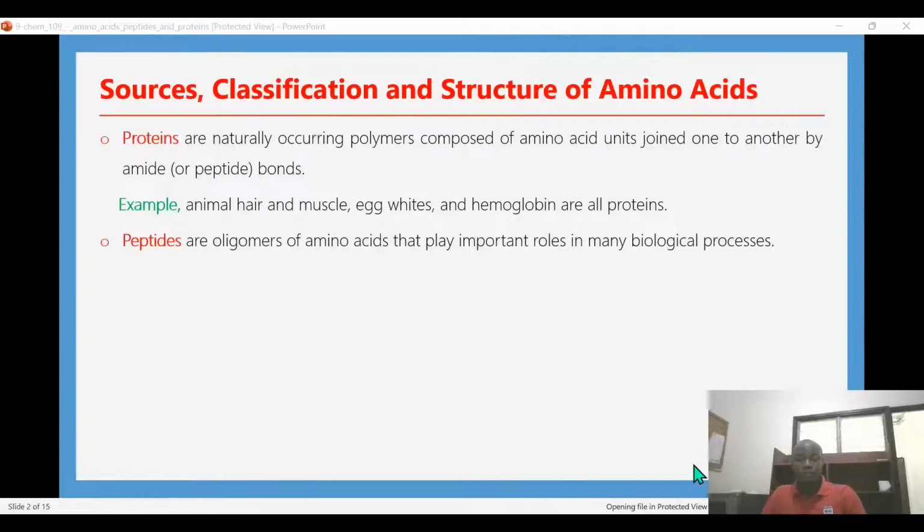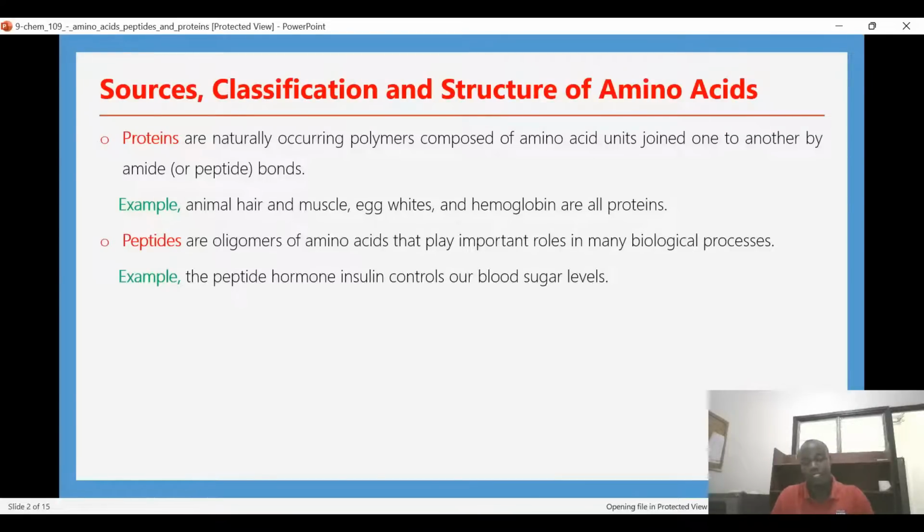Then, an example of peptides: we have insulin. Insulin is an example of a peptide because it has less than 50 amino acids. That is why insulin is not considered a protein; rather, we call it a peptide.